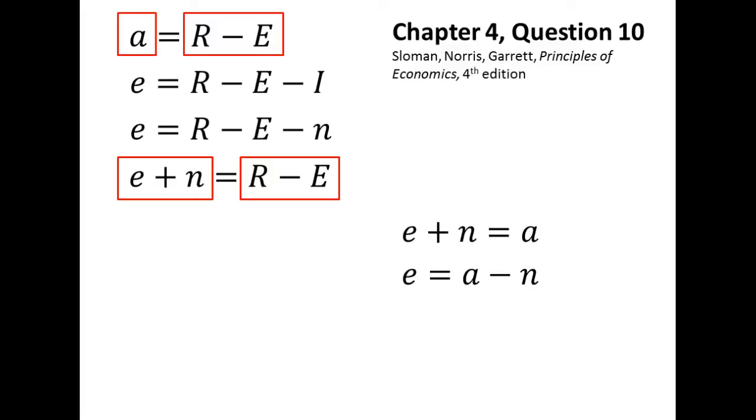And our question says, if the accounting profit rate is 10% and the normal profit rate is 12%, what is the economic profit rate? Well, 10% minus 12% gives us negative 2%, and that's the answer to that question.